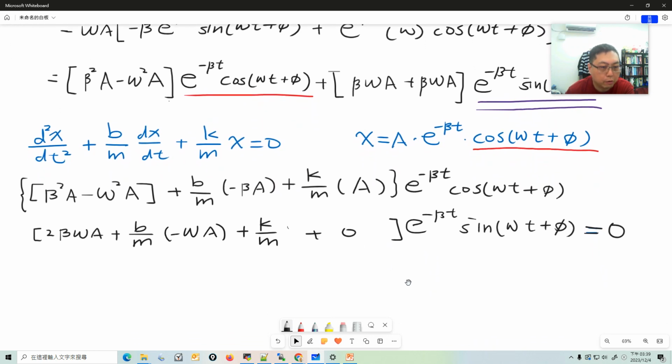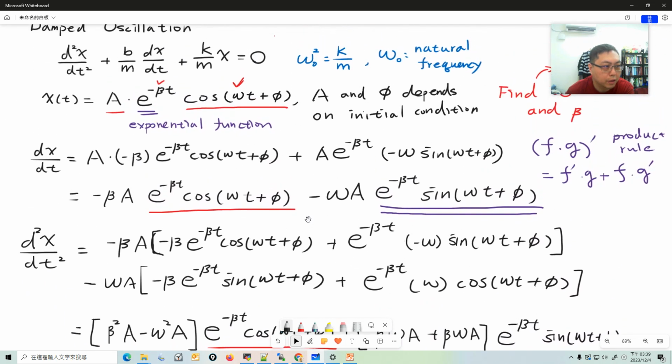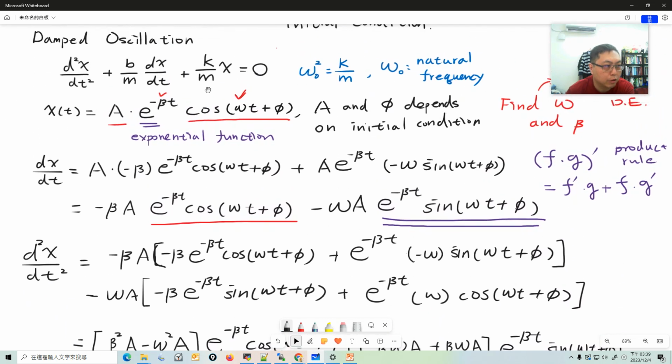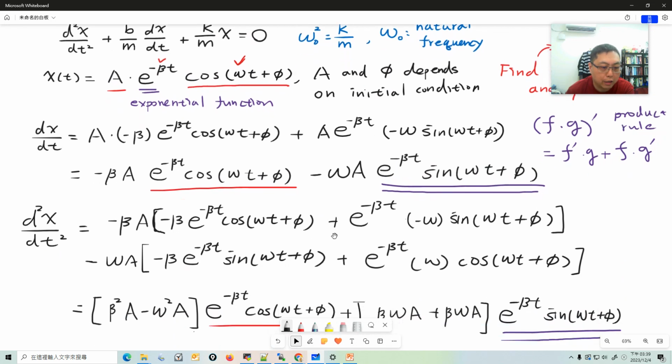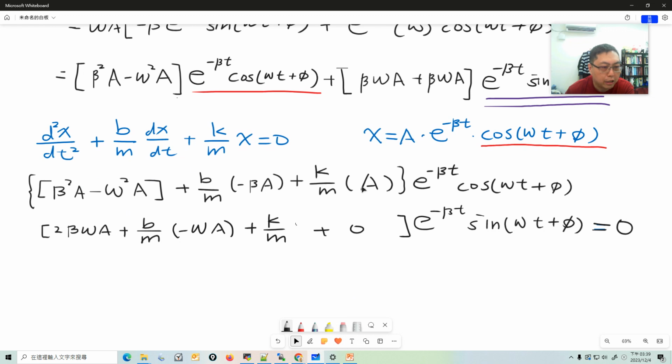We put the guess solution back into the differential equation and get this relationship. It's actually a very complex term, but actually very simple.